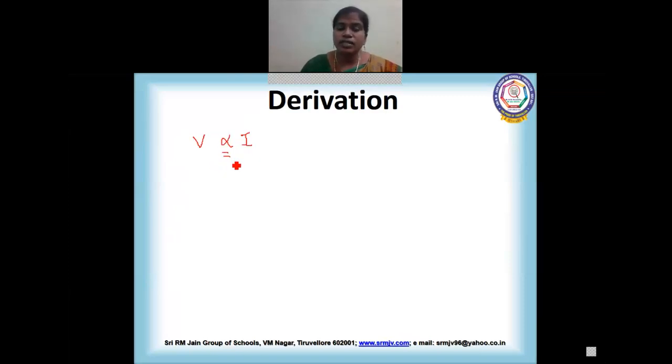So V is directly proportional to I will become V is equal to R into I. So this R is constant here, and R stands for resistance.